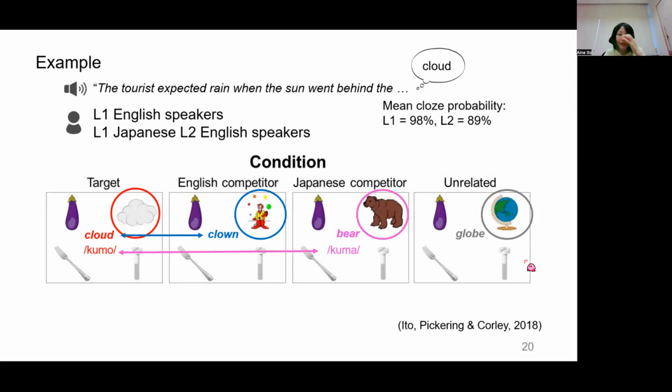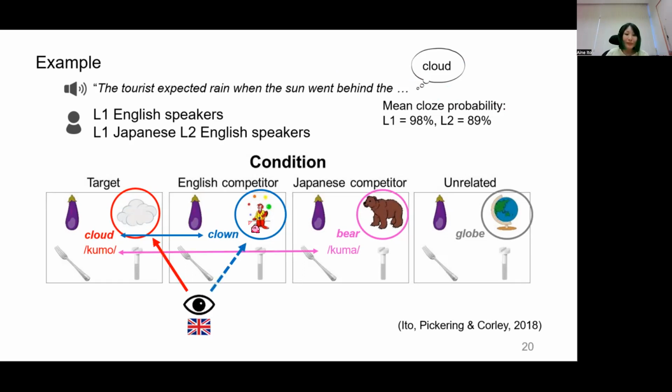The predictions of this experiment were that if L1 English speakers predicted this target based on the context, and if the prediction was detailed enough to include phonological information, then participants would look at the predictable object cloud and its phonological competitor crown before the target was mentioned in the sentence. If they didn't predict, then the effect might occur only after the target word.